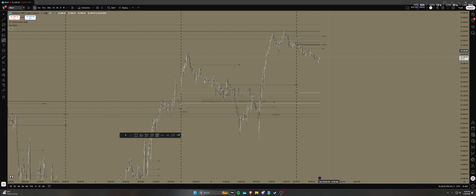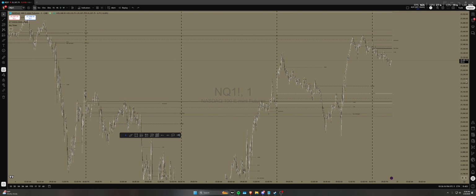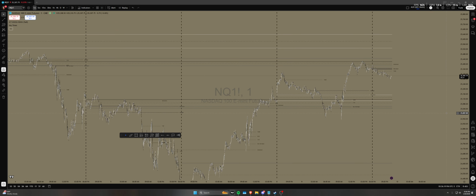The way I trade it is I look for reactions, and that can be either way, as long as it pairs up with the bias I get from my pattern recognition. I don't take just any ledge.